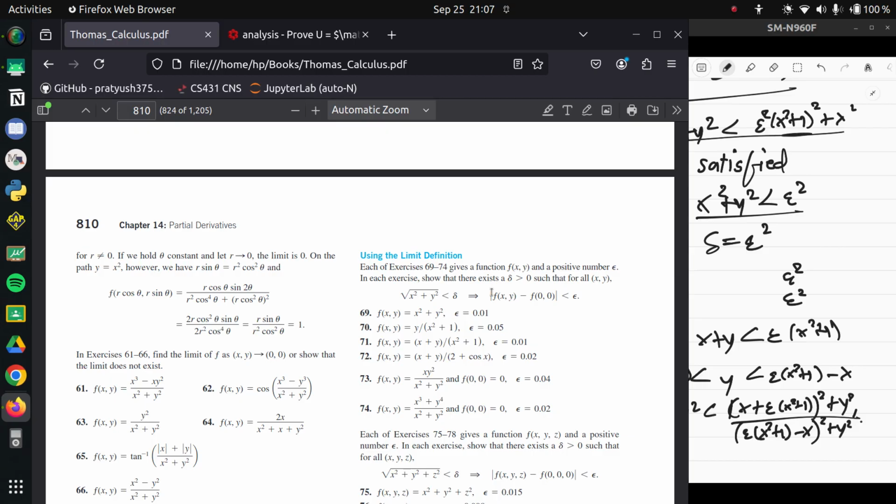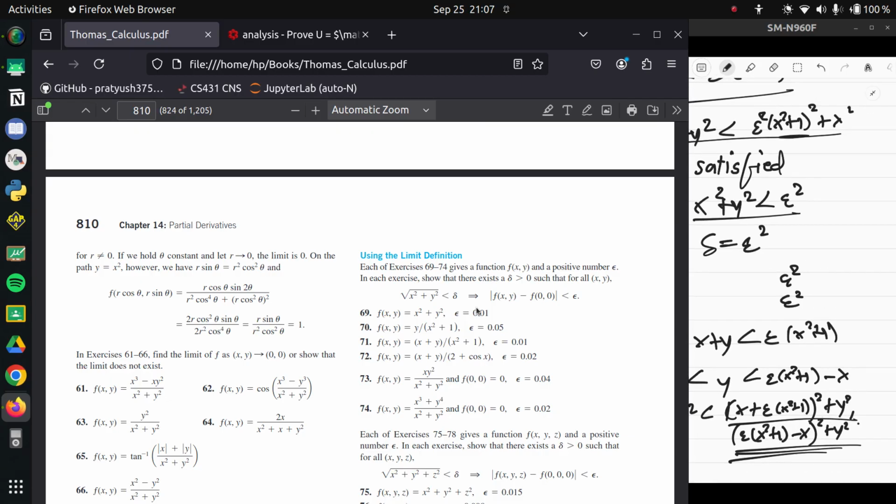So for this inequality to happen, and this should actually happen, right? This is y, so this should be x square, sorry. So for this to happen, what should actually happen? Something that would make this happen instantaneously.